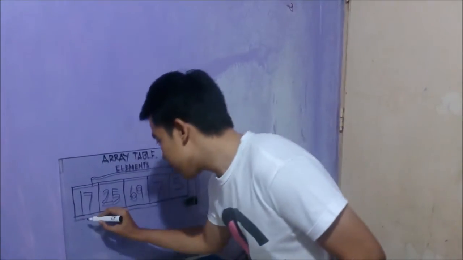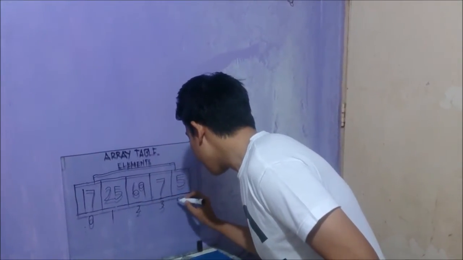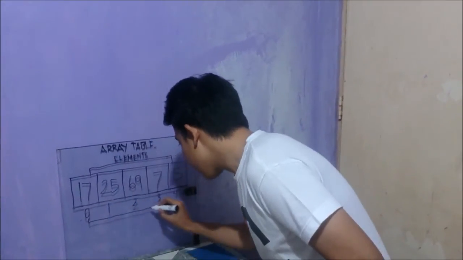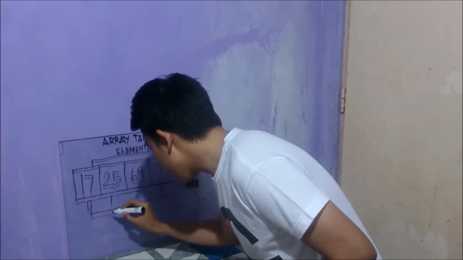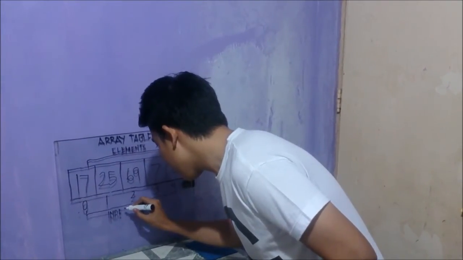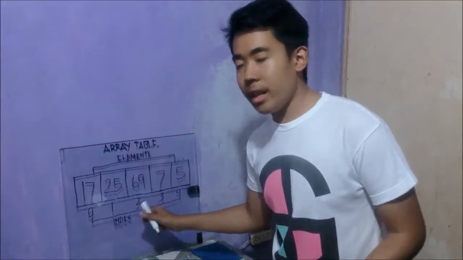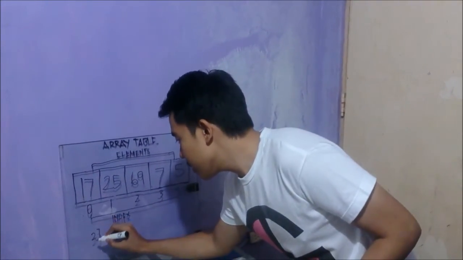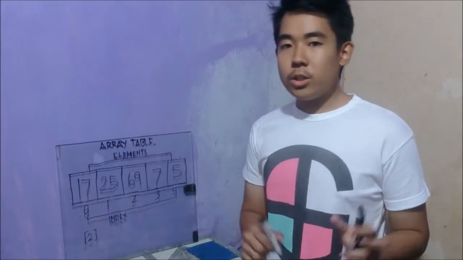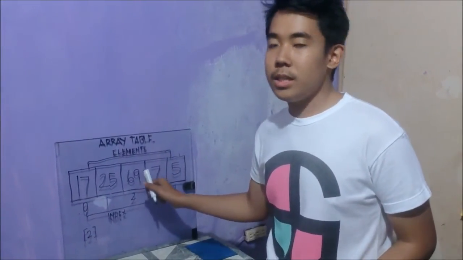An index always starts with 0. For example, if we will call the value of index 2, it will show the value of element number 3, which is 69.